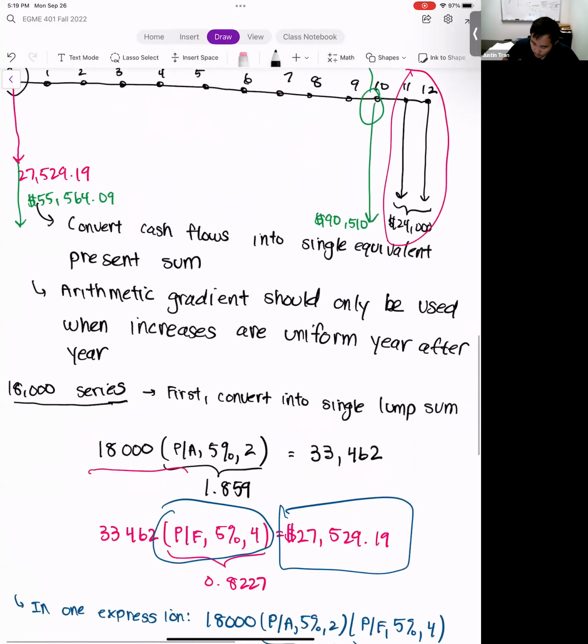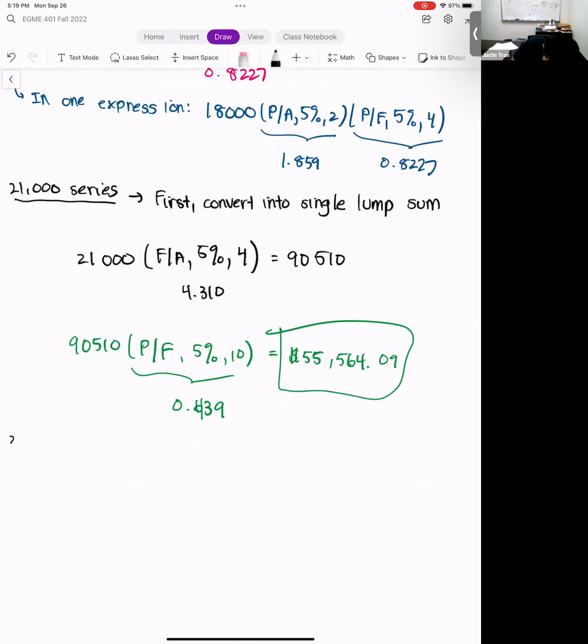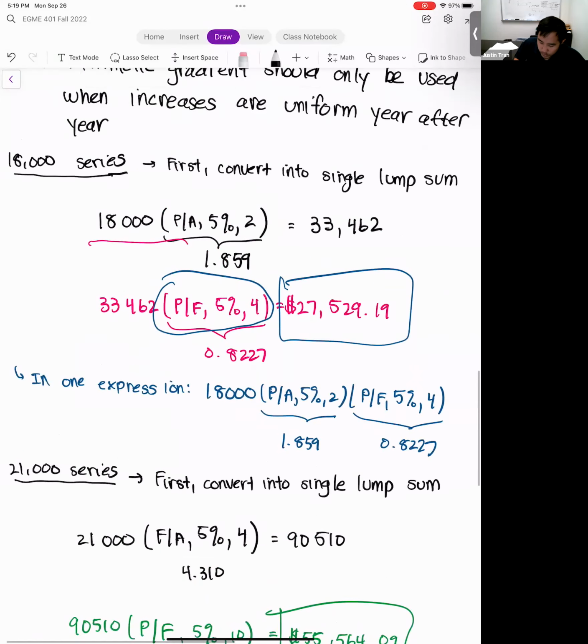Okay, and so finally we have the last series here, which is 24,000. And so we have the $24,000 series. Just like the first two, the first thing we're going to do is convert this into a single lump sum. You can kind of choose how you want to do this.